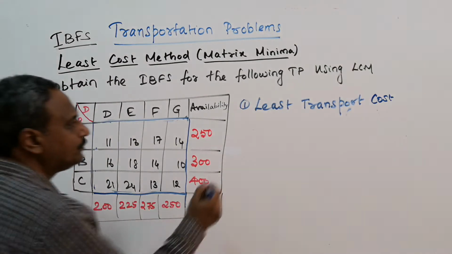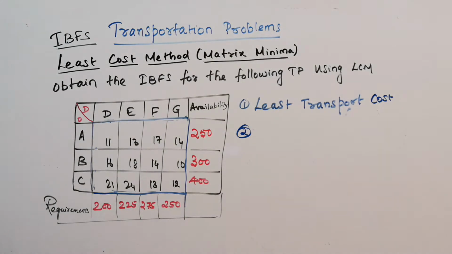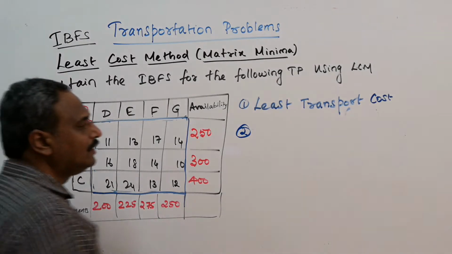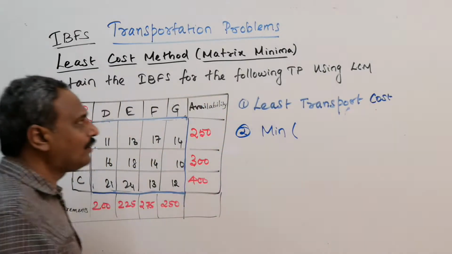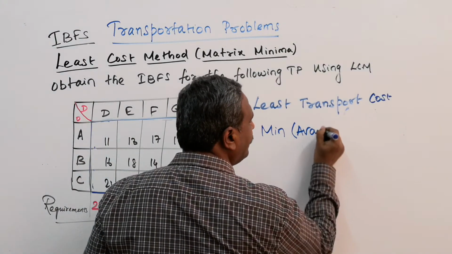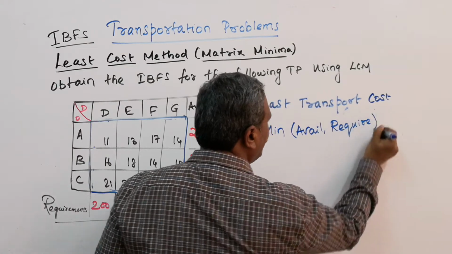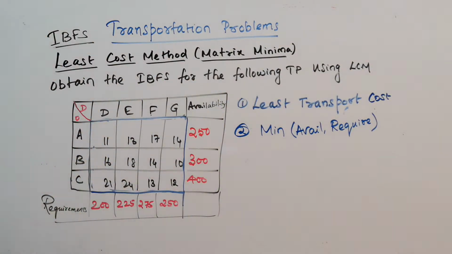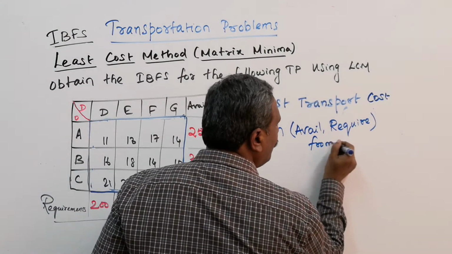In step 2, with respect to the corresponding least transportation cost, we are going to use the corresponding row and column, and from the row and column we are going to find the minimum of the availability and the requirement.